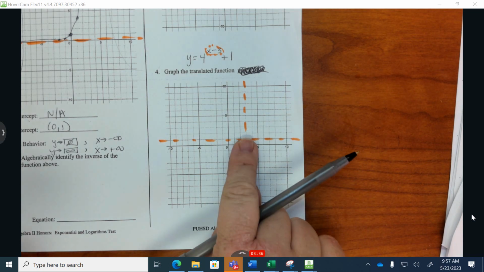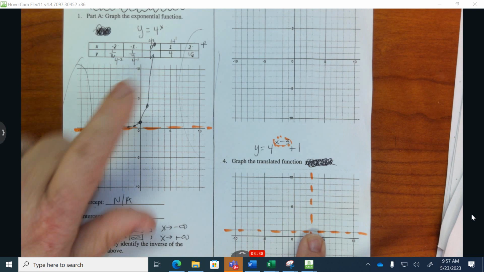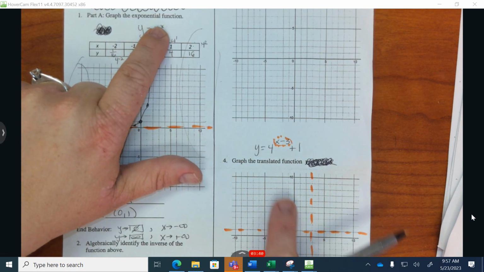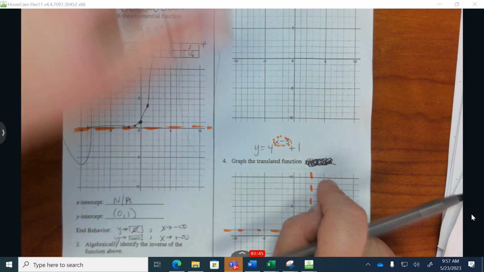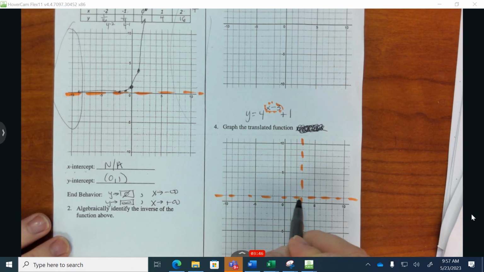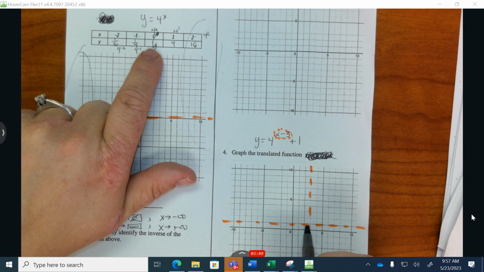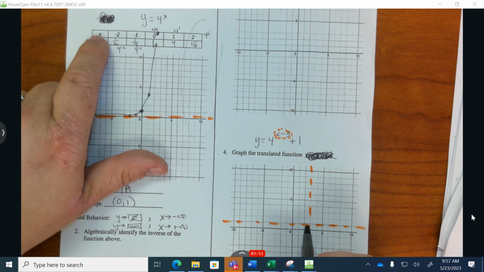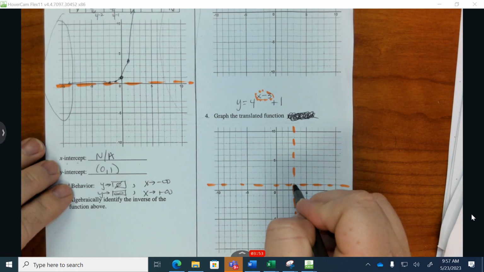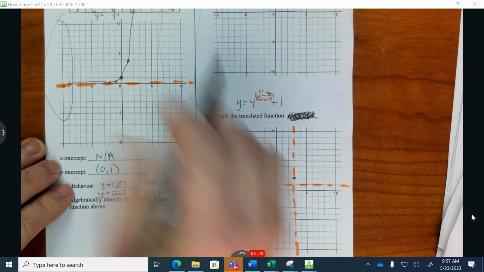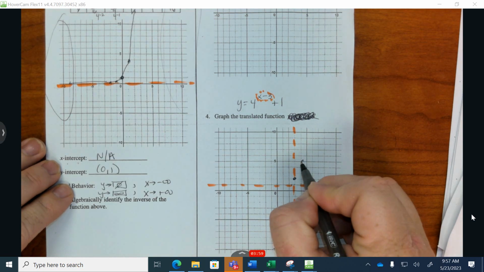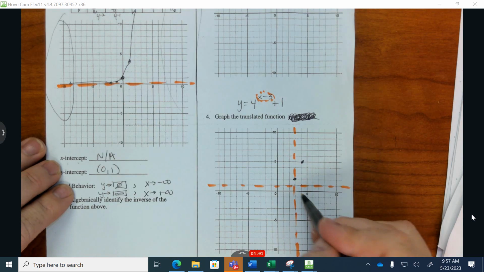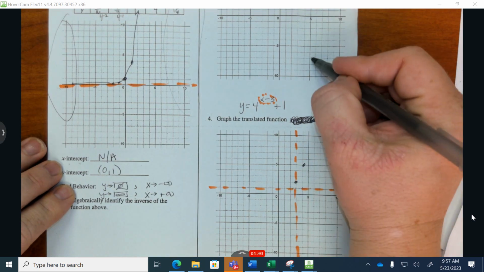And when I graph this, I'm going to come directly back over here, because it's this function that's just been transformed. So I get to use this information. Well, how do I use this information? This is like the origin. So when I graph 0, 1, 0 is the x and 1 is the y. 0, 1 is just right here. 1, 4 says go over 1 and up 4. 2, 16 would be go over 2 and way up here at 16, right?